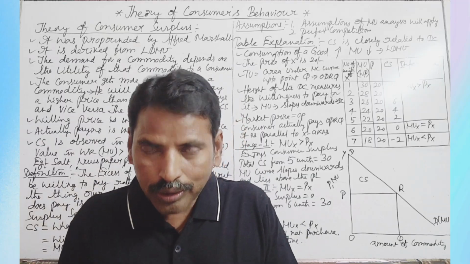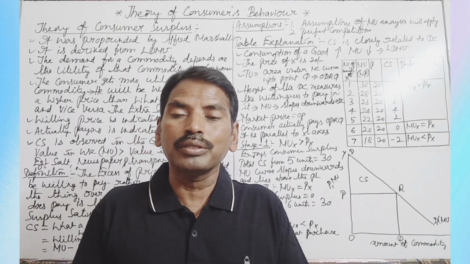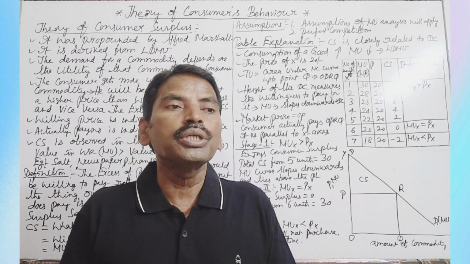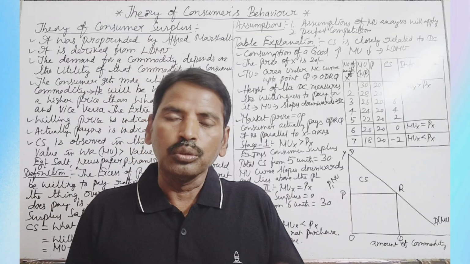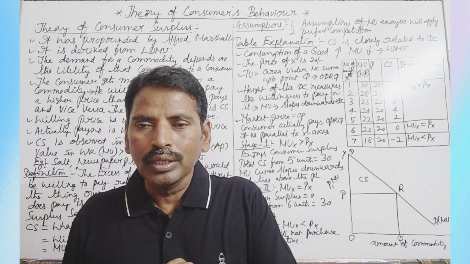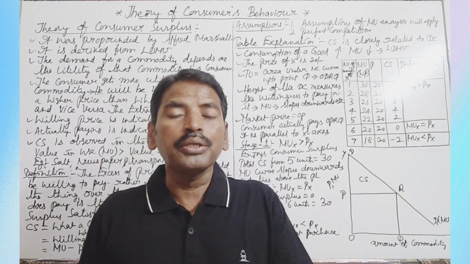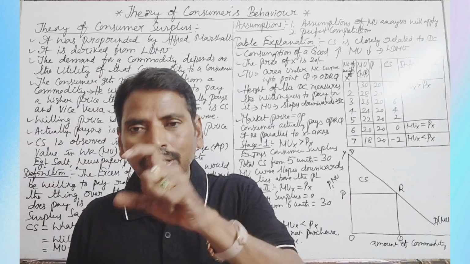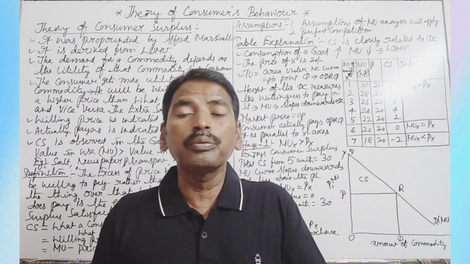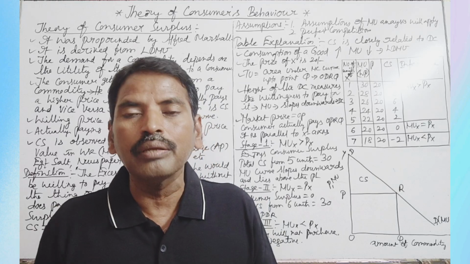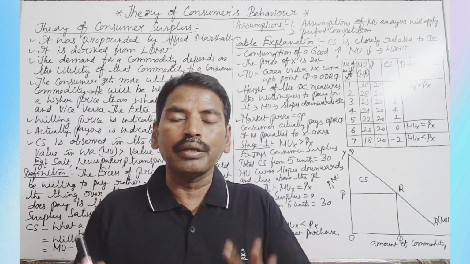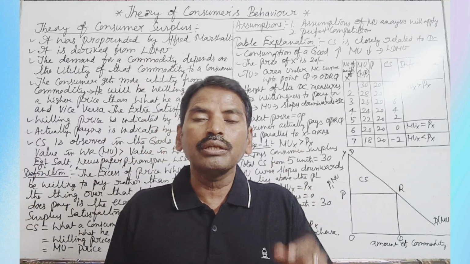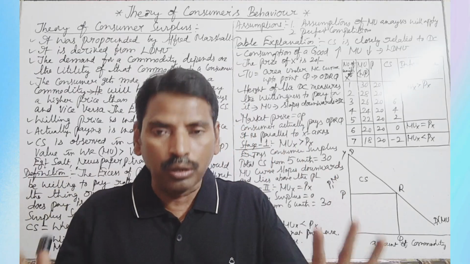The consumer is a rational consumer, cardinal measurability of utility, units of a commodity should be homogeneous, divisible, and standard in size, continuity in consumption, hypothesis of independent utility, marginal utility of money remains constant, and taste, preference and income remain constant.